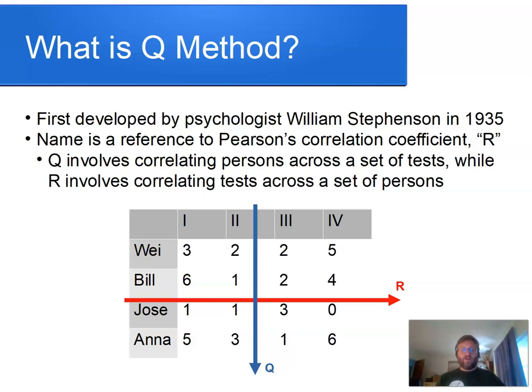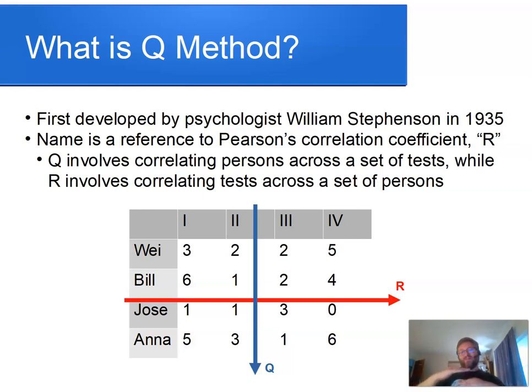So with Q method, we're looking at whether the people correlate with each other. So in the data table I have there is Wei's data across the whole range of things that you measured about Wei, all the different questions that you asked in your survey or whatever it is. Does the full range of Wei's data correlate with the full range of Bill's data?